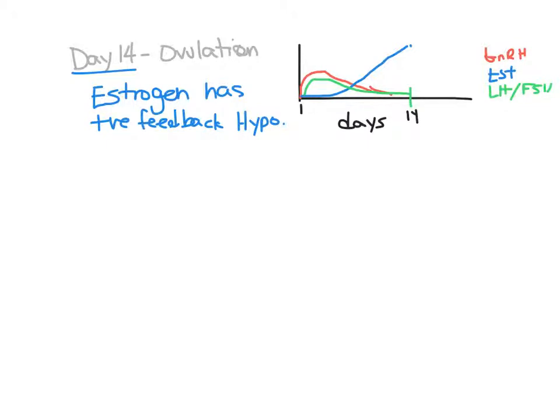Well, think about it. If it's positive feedback and estrogen levels are high, you're going to send out a lot of GnRH. So GnRH goes out, which causes LH and FSH to spike.